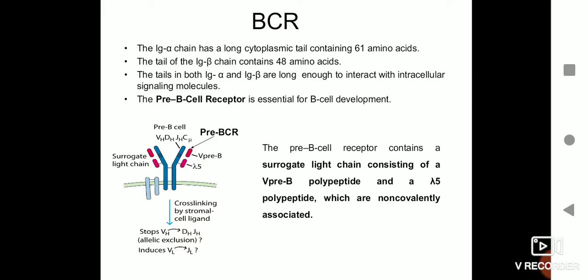Okay, and pre-B cells are the type of B cell which are in the initial stages of maturation, and the receptors found on the pre-B cells are not completely formed like the structure we have seen in the previous slide. These B cell receptors found on pre-B cells are called pre-BCR. Structurally, they are slightly different from the B cell receptors. The pre-B cell receptors contain a surrogate light chain.